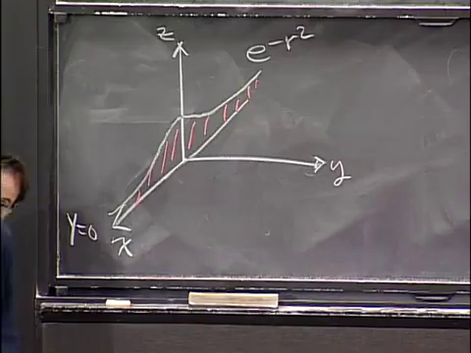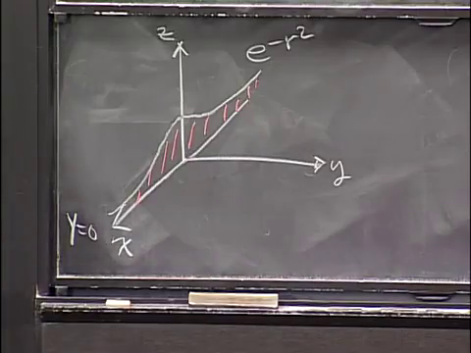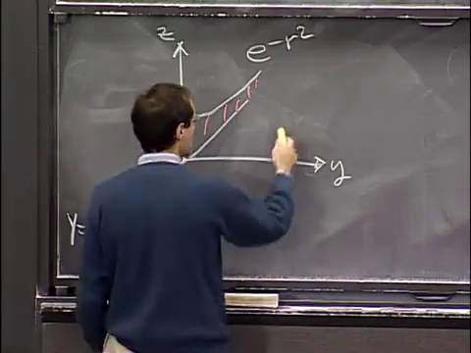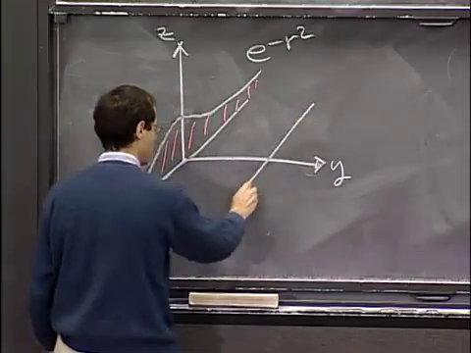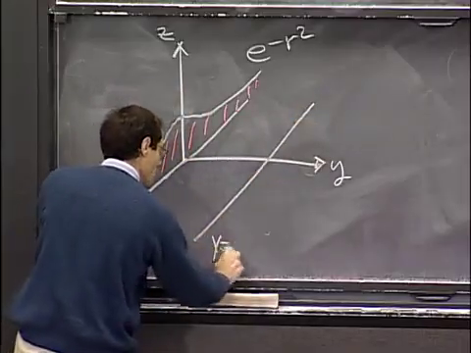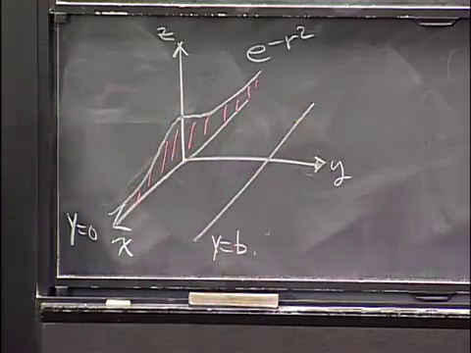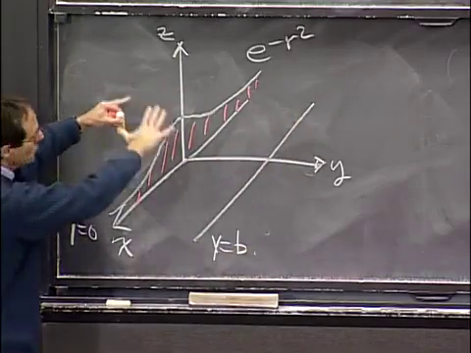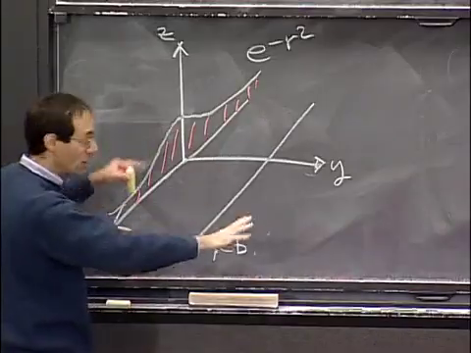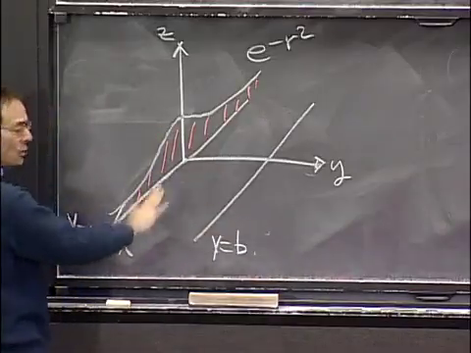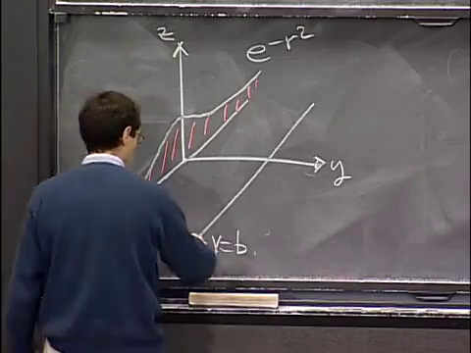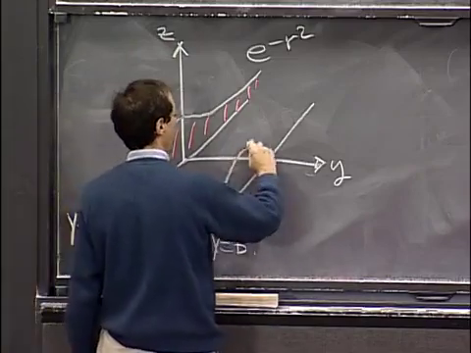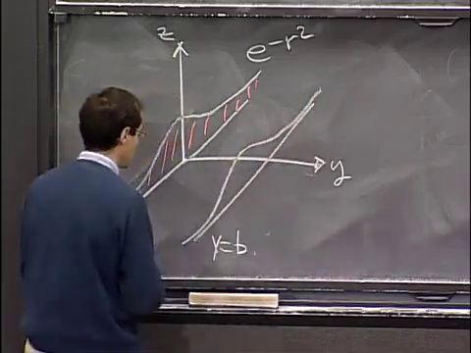Now I'm going to draw one more slice so that you can see what's happening. I'm going to draw a slice at another place along here. This will be y equals b, some other level. And now I'm going to show you what happens. What happens is that the hump dies down a little bit, so the bump is just a little bit lower. And it's going to look a little bit the same way, but it's just going to be a bit smaller.